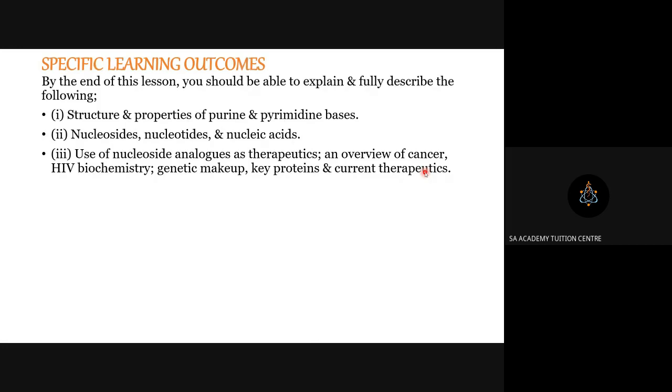So we can have a monophosphate, a diphosphate, and a triphosphate. We can't go beyond that. As you increase the phosphate groups, you're increasing the energy potential of that particular compound. That's why ATP has more energy than ADP, and ADP has more energy than AMP.